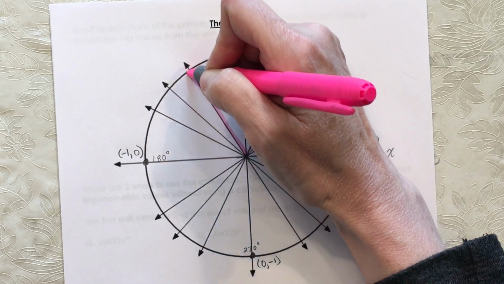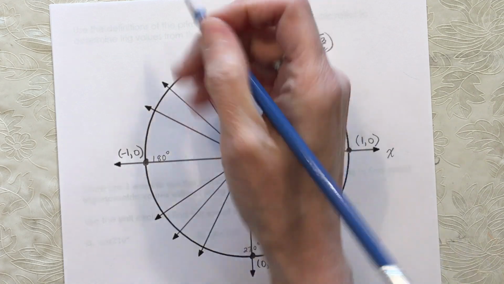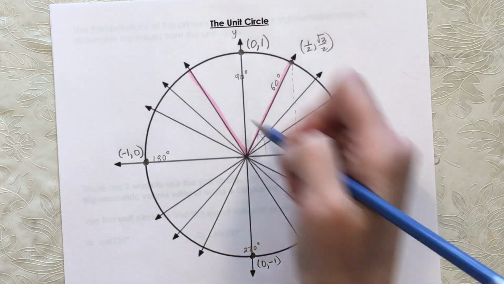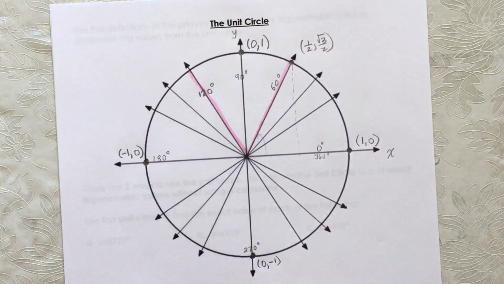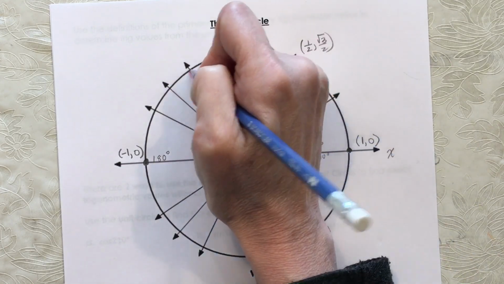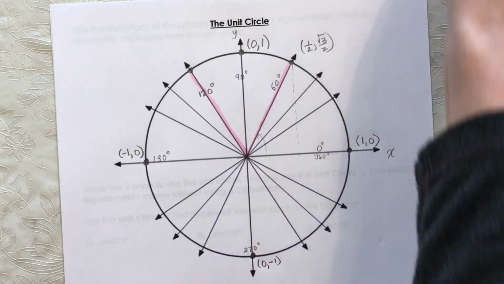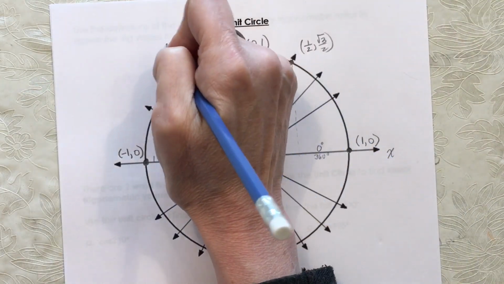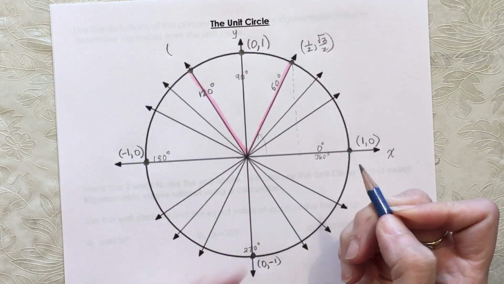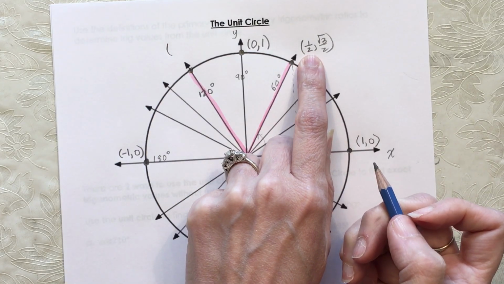This one, so I'm coloring it in pink, which is 120 degrees. All we're doing is turning that special triangle and flipping it over. Its coordinates, because we're in the second quadrant, the x is going to be negative.